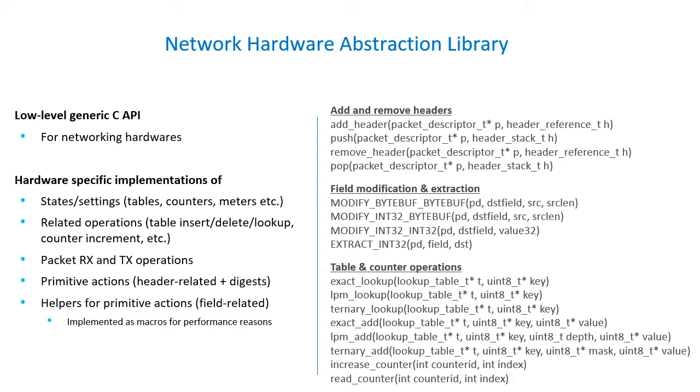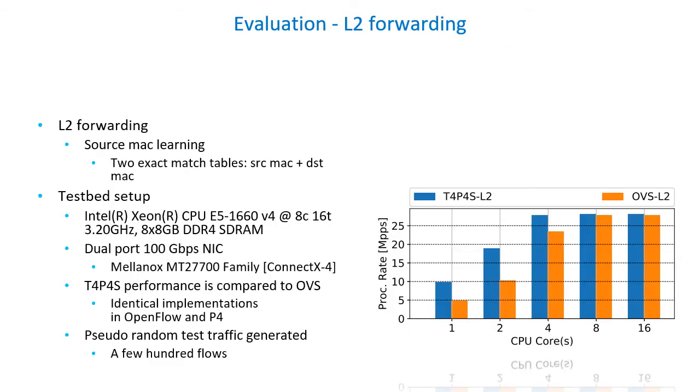It also implements the primitive actions, how we can access header fields, and how we can generate digests. There are lots of helpers for primitive actions to modify, read or write different header fields or metadata. Here you can see some examples of how we can add new headers and how we can remove headers. There are field modification and extraction macros implemented in C, and there are table and counter operations.